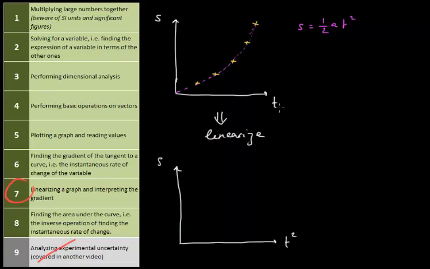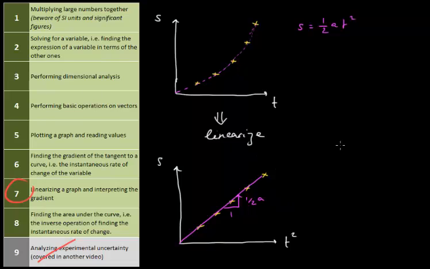To linearize here, we're just going to raise t to the power of 2 so that we obtain s versus t squared, and then 1/2 of a will be the gradient. So here we expect to obtain a line. This is why we call this operation linearizing. These 5 data points will now lie on this line of best fit, for which the slope, the gradient, will be 1/2 of a. So then we can deduce the acceleration.